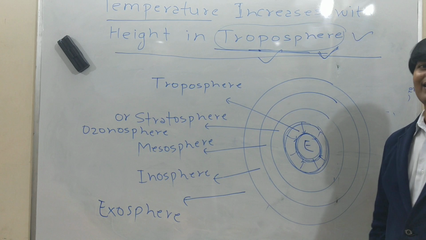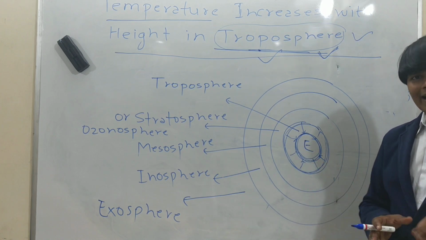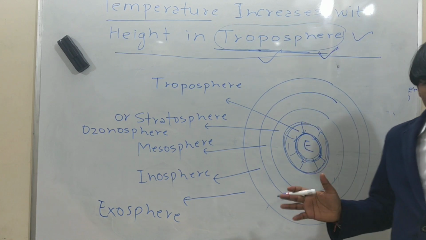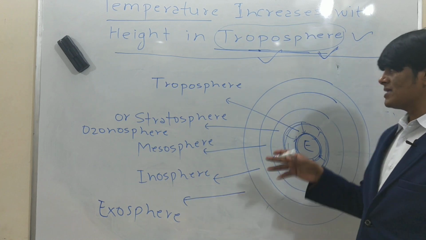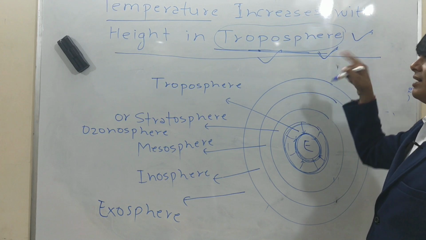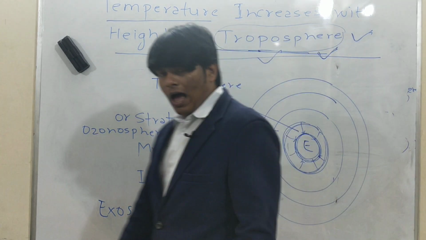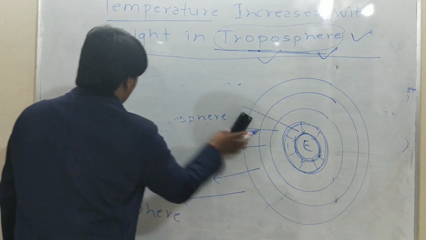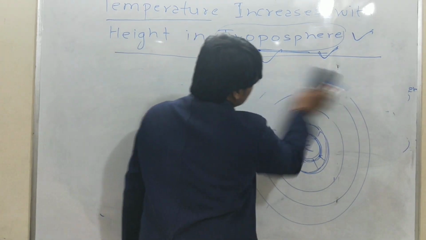And our weather conditions, cyclone, wind, rainfall, whatever, all belong to this troposphere. We will go through a broader aspect in further lectures, but presently we are going to deal with this topic, where temperature increases with height in the troposphere. This is our topic today. So let us go ahead and get some idea about this.